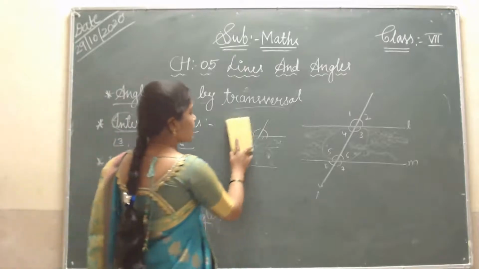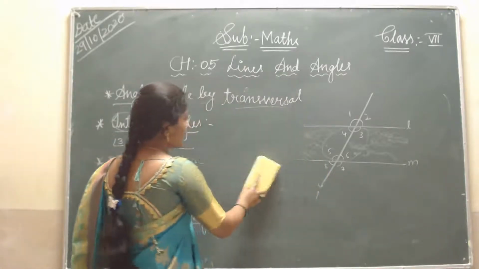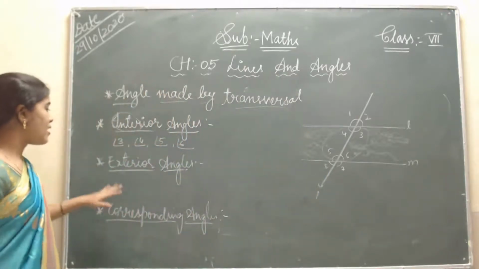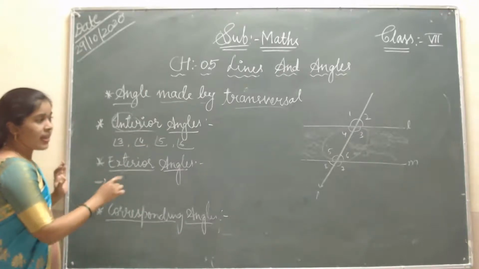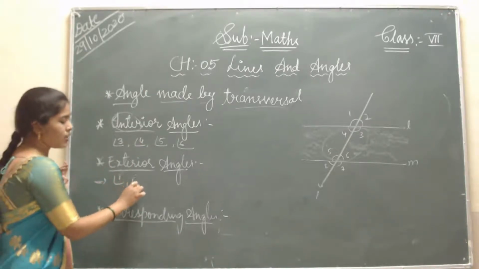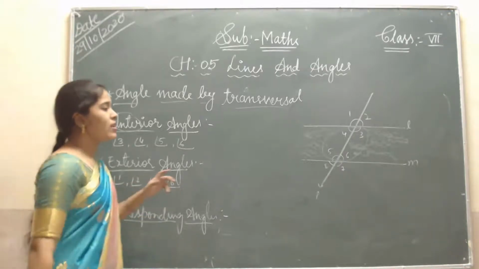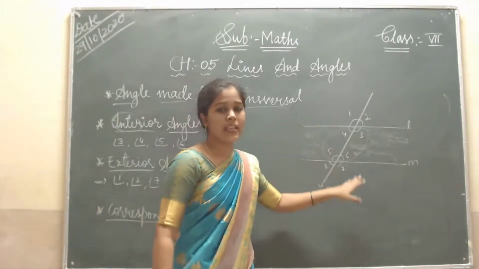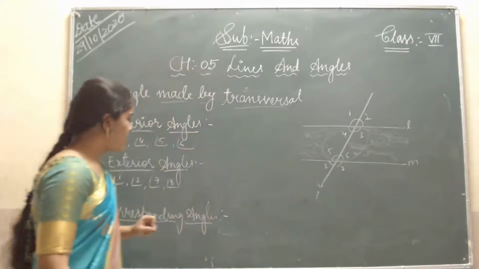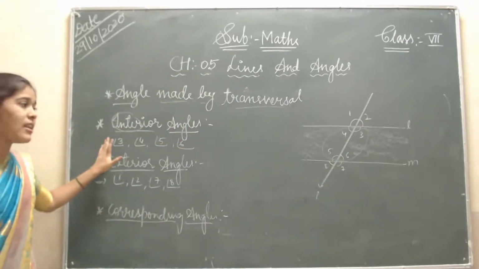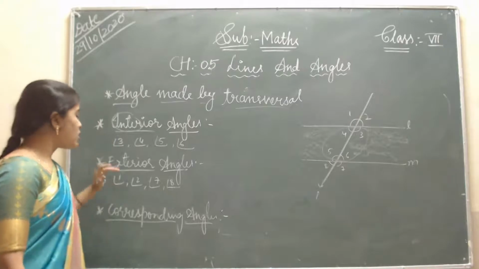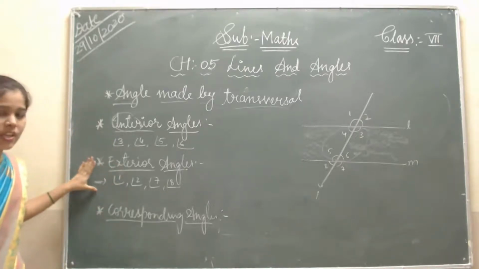So the angles which are inside are interior angles and outside are exterior angles, right? Exterior angles: angle 1, angle 2, angle 7 and angle 8, outside of this line. So interior angle means inside the diagram and exterior means outside.